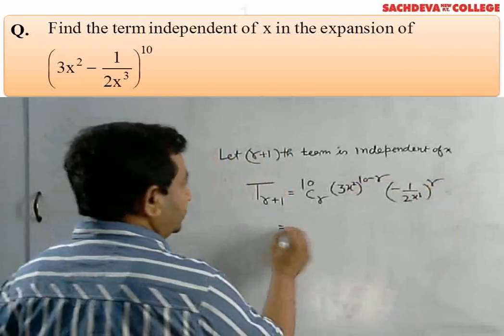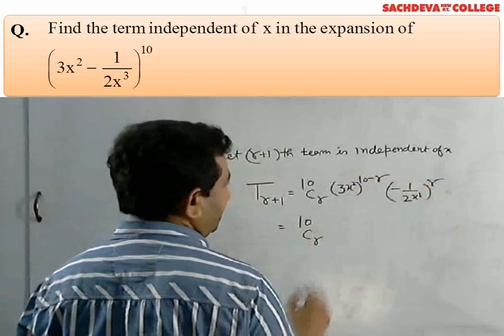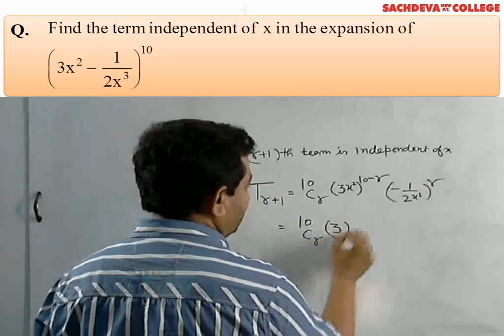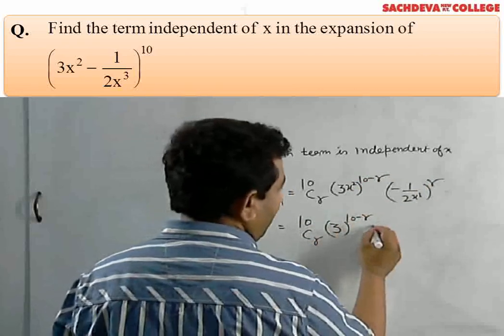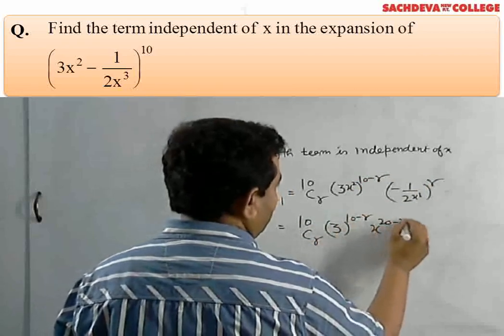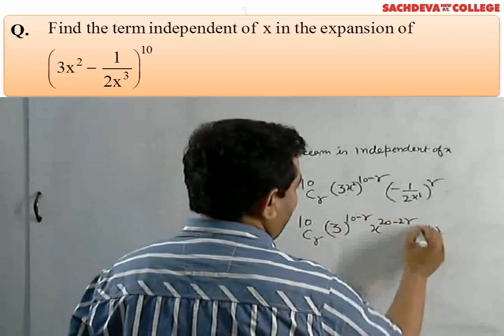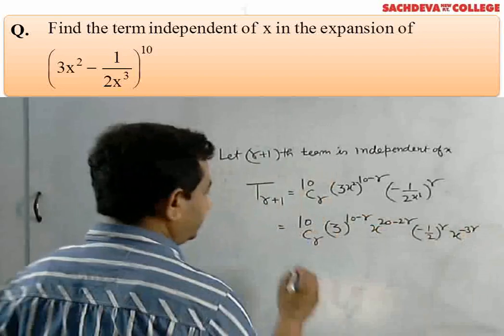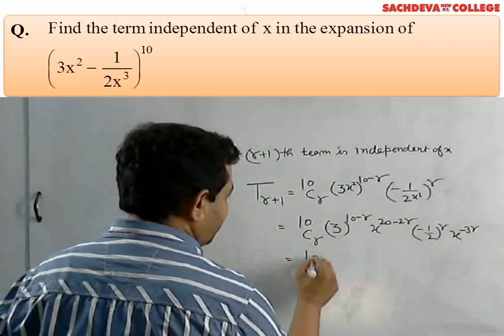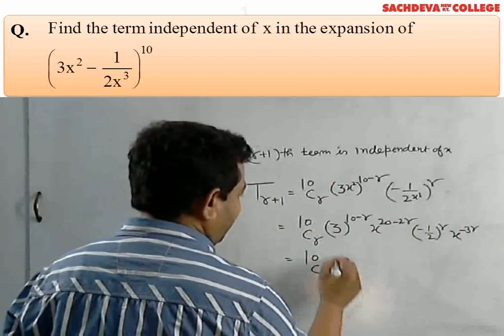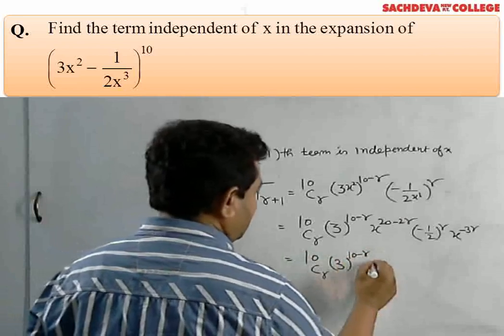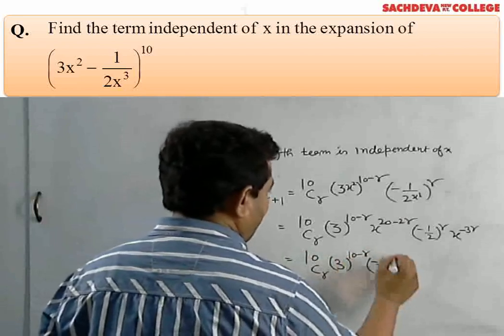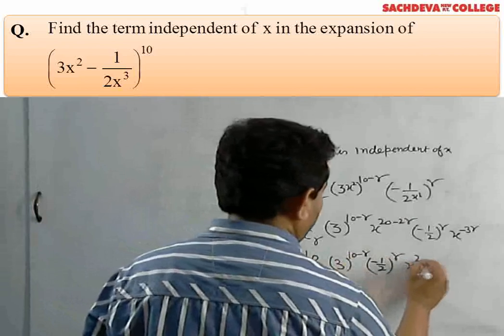This will be equal to 10Cr 3 to the power 10 minus r and x to the power 20 minus 2r, into (minus 1 upon 2) to the power r into x to the power minus 3r, or will be equal to 10Cr 3 to the power 10 minus r into (minus 1 upon 2) to the power r into x to the power 20 minus 5r.